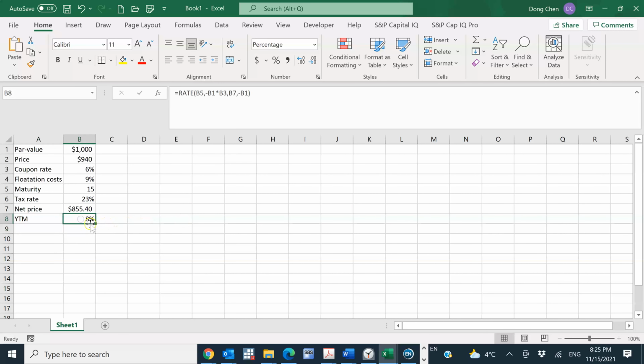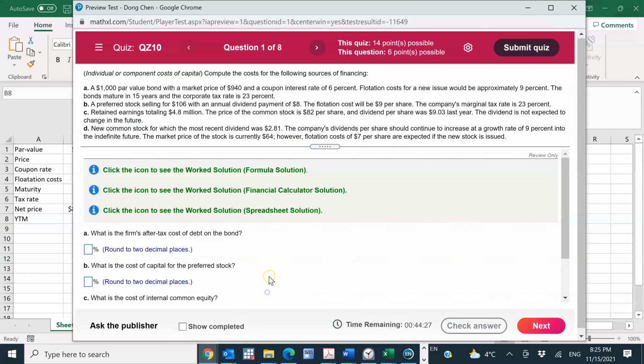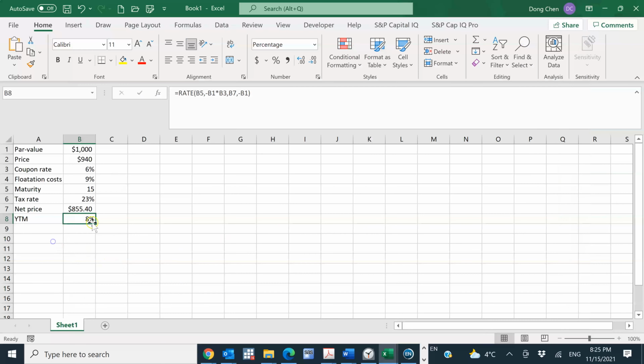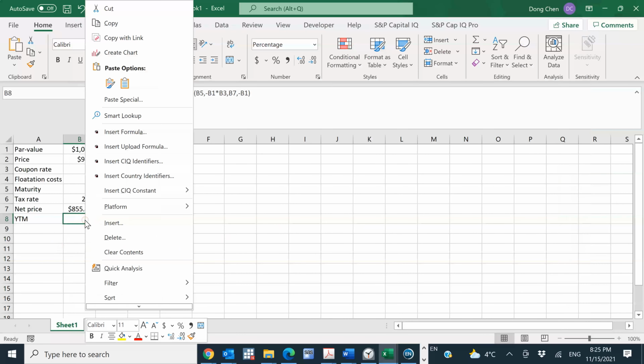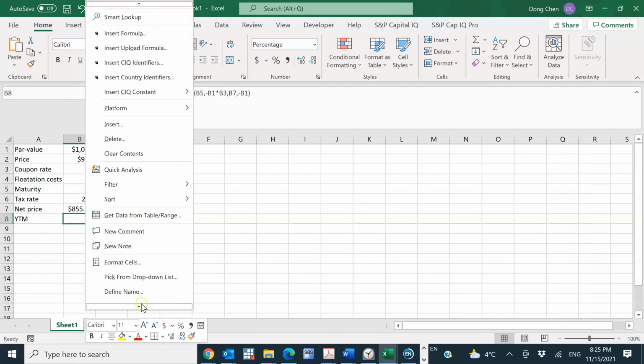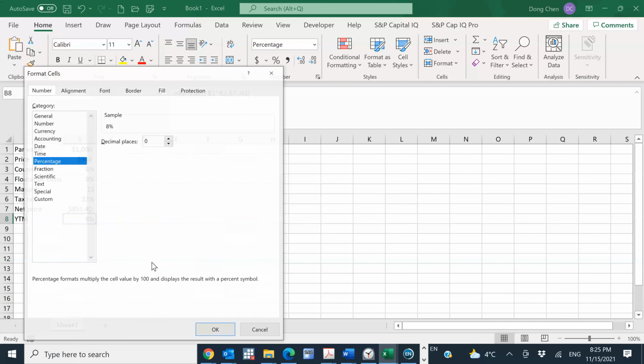So for YTM, the reason I have exactly 8% is that I rounded to 0 decimal places. So I have to go back and check the rounding requirement: round to two decimal places. So right click on the cell, format cells, then percentage, and keep 2 decimal places.